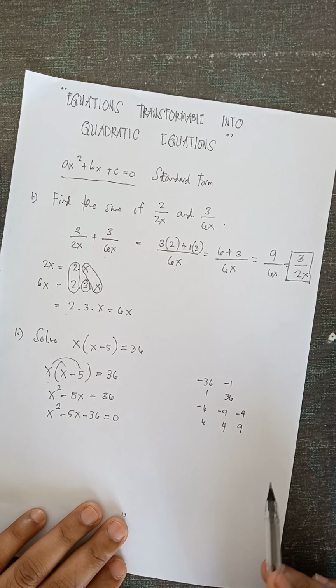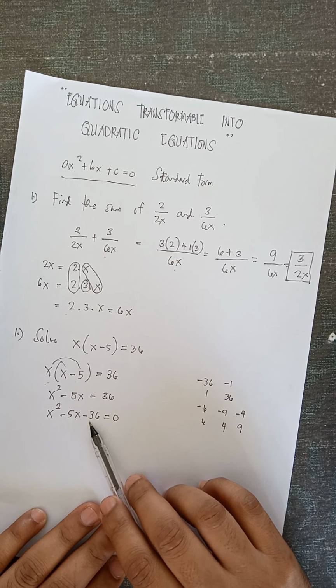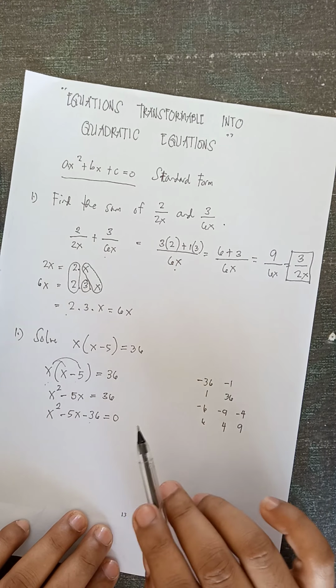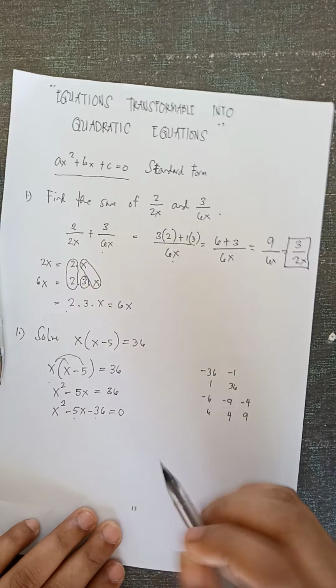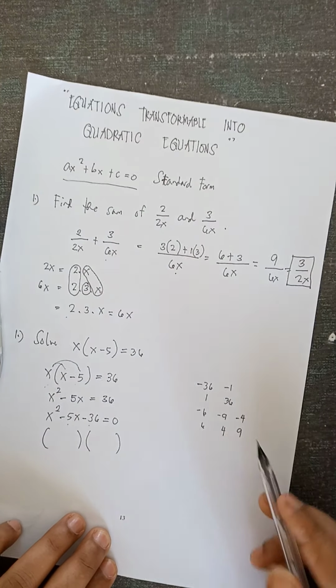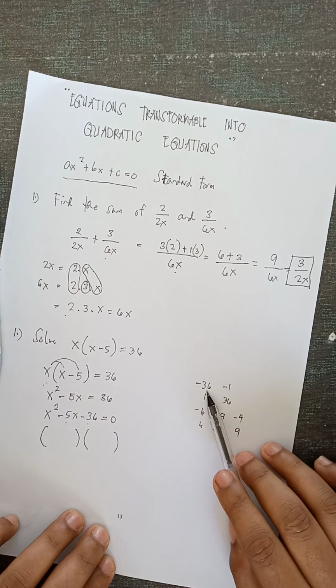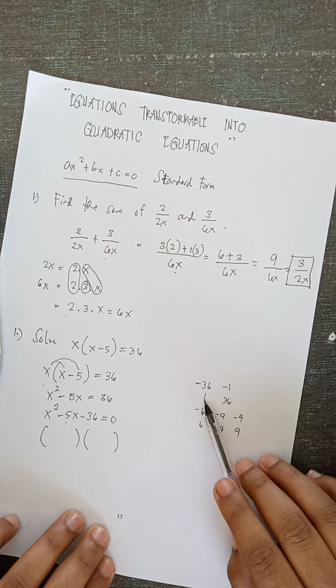So what we will do is look for factors of negative 36 that, when we add them, will be equal to negative 5x. We will use this first, negative 36 and 1.